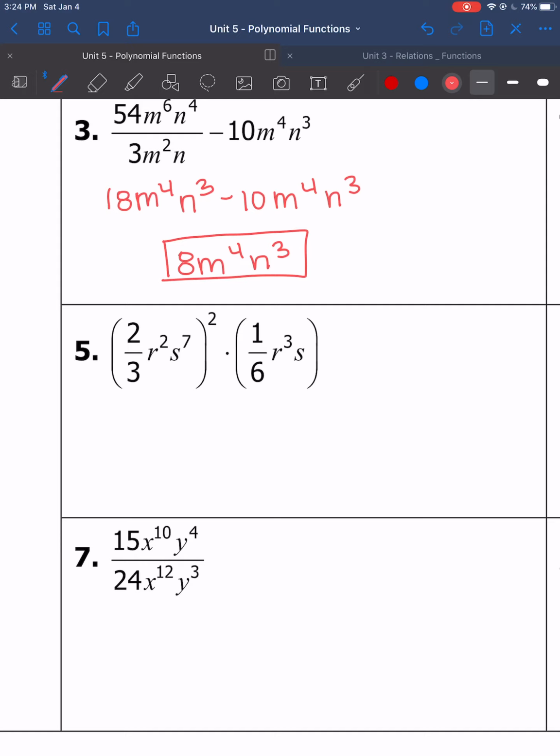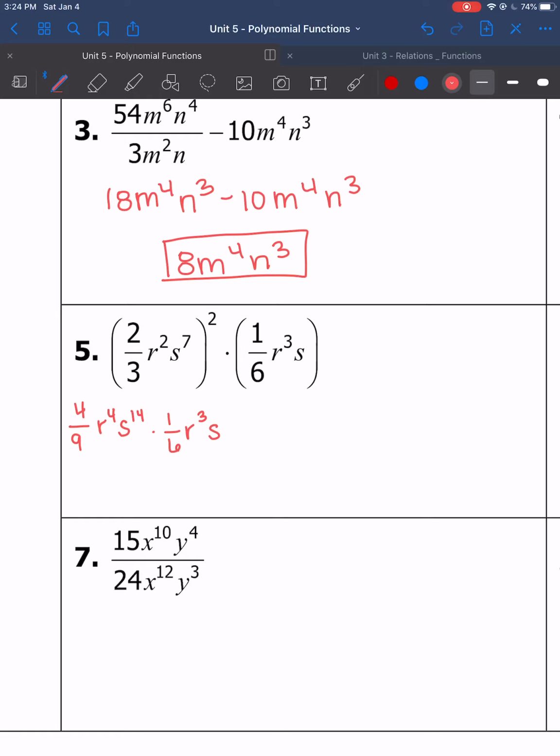Alright, 5 here. So I'm going to take 2/3 and square it. So 2 squared gives me 4. 3 squared gives me 9. r squared squared gives me r to the 4th. And s to the 7th squared gives me s to the 14th. And then I'm multiplying times 1/6, r cubed times s.